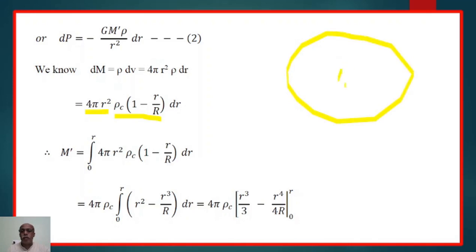We have considered three circles in the previous slides. The outermost has radius capital R, whose mass is capital M, the total mass of the star.